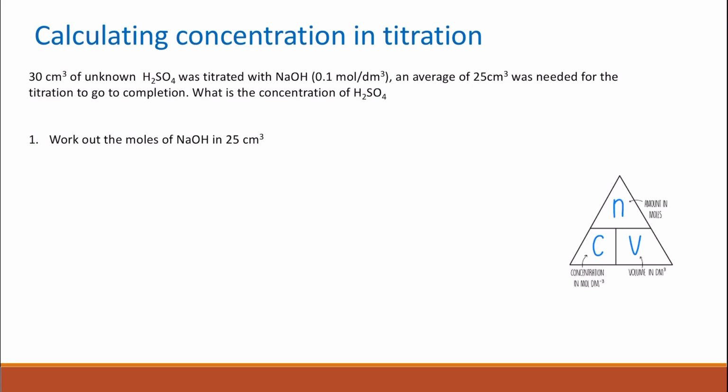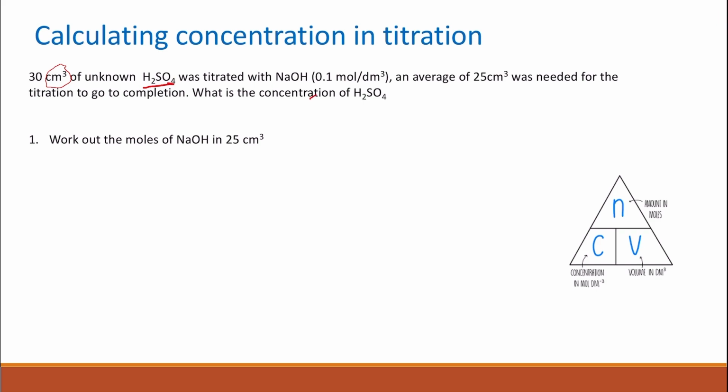So the example here is if you have 30 centimeter cubed, so you can see here the volume is in centimeter cubed. When we do our calculation, we need to change this into decimeter cubed. So 30 centimeter cubed of sulfuric acid of unknown concentration was titrated with sodium hydroxide.